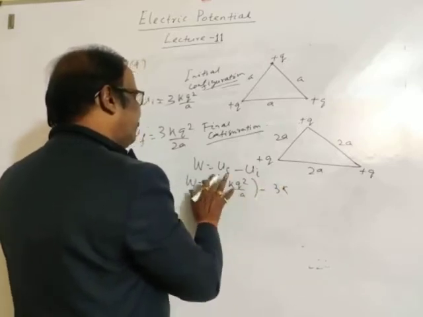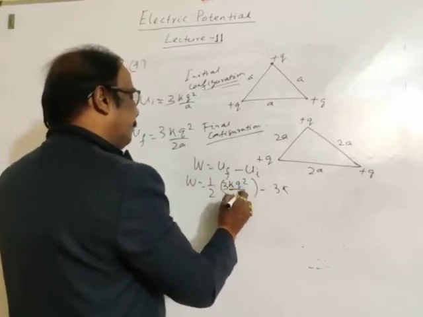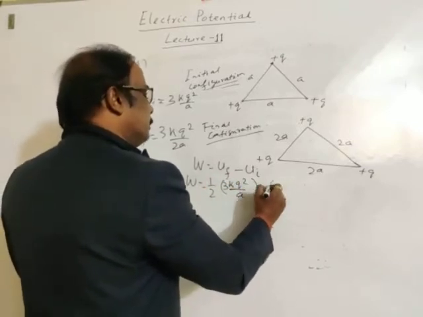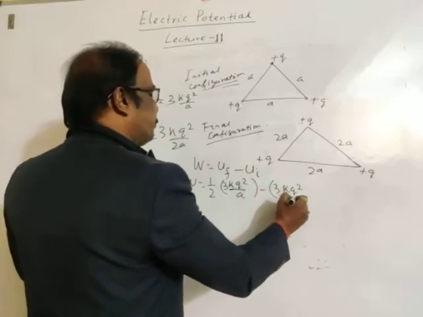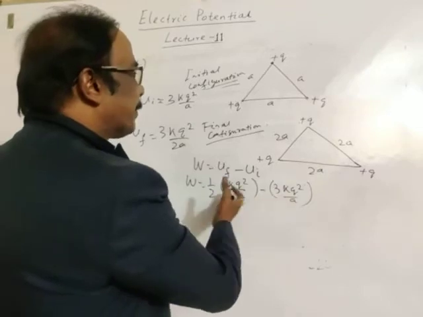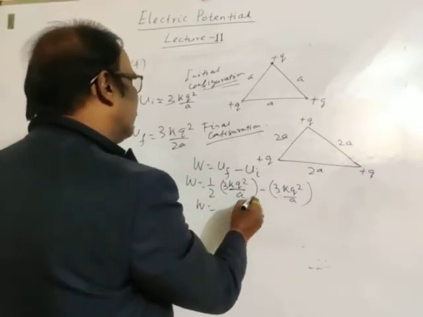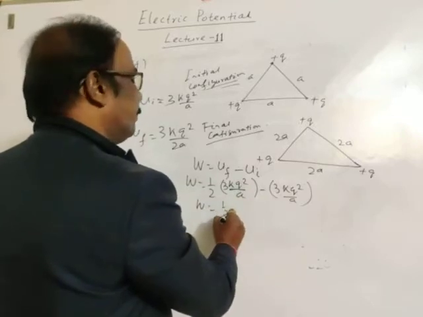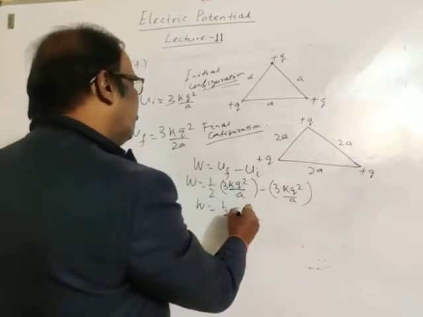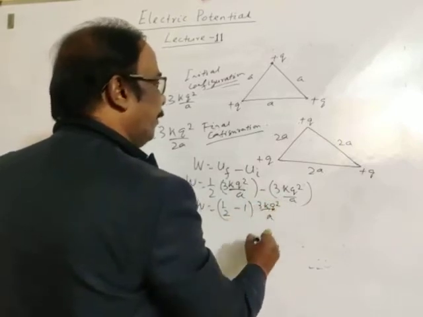You may take half, 1 by 2, 3 kq square by A minus 3 kq square by A. Okay. Then what is work done? Just subtract it. Then potential energy is 1 by 2 minus 1 into 3 kq square by A.